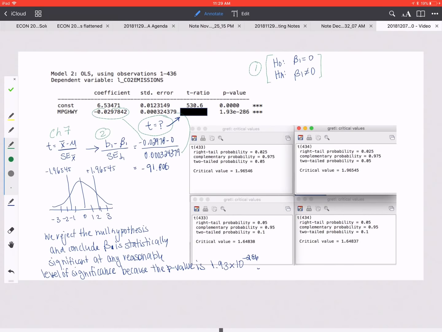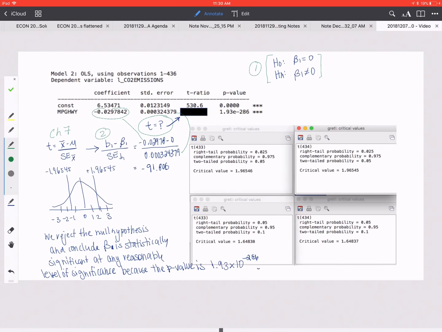When you calculate that out, you'll find the value of negative 91.806. This is a very extreme value for t, and even without looking at the tables or calculating the p-value, we know that we are going to reject the null hypothesis.